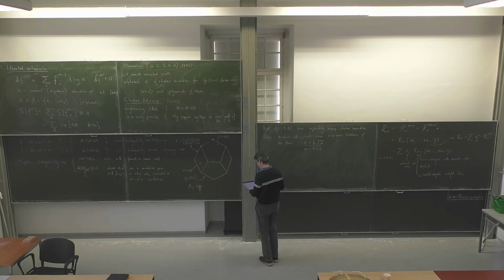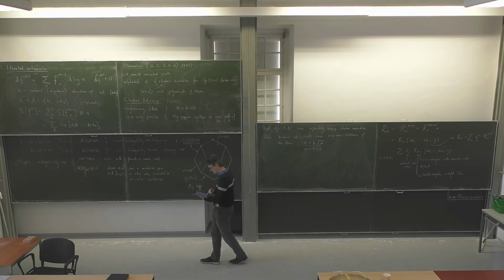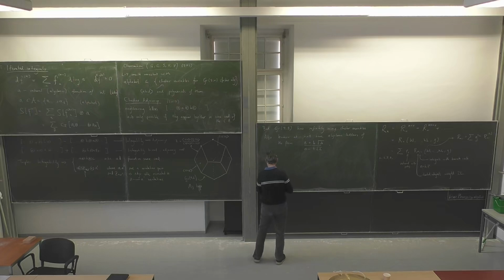Maybe I can say something. Okay, let me try, and then we'll see how we do. So, a hint at how to proceed is to have a look at the tropical version of the Grassmannian.